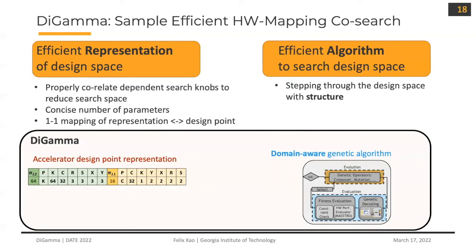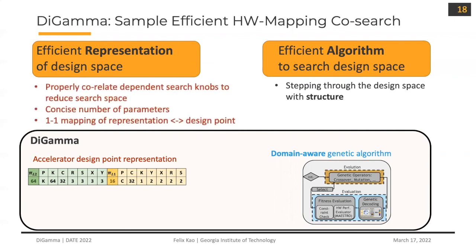Here is a summary of the tricks that we have used. On the representation side, we properly correlate dependent knobs to reduce the search space. Next, we propose a concise representation of the map space with a short series of values.